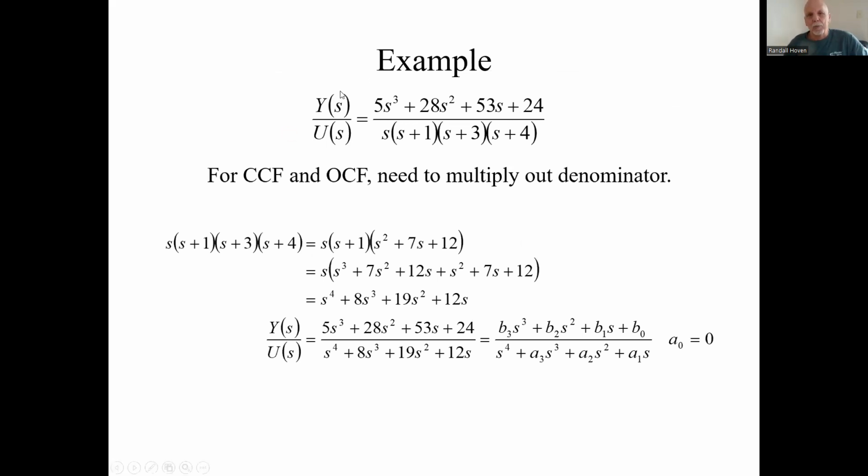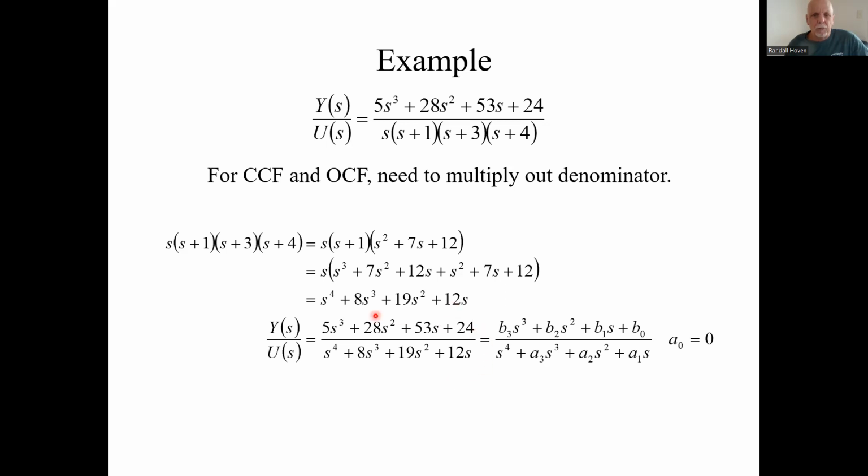So let's take an example. Here's a given transfer function. To get it into the format we need, to put it into either controllable or observable canonical format, we need to multiply this out. So we've got a little bit of tedious algebra here. I won't go through this. But this denominator is this. We multiply it out. So here's what we do.